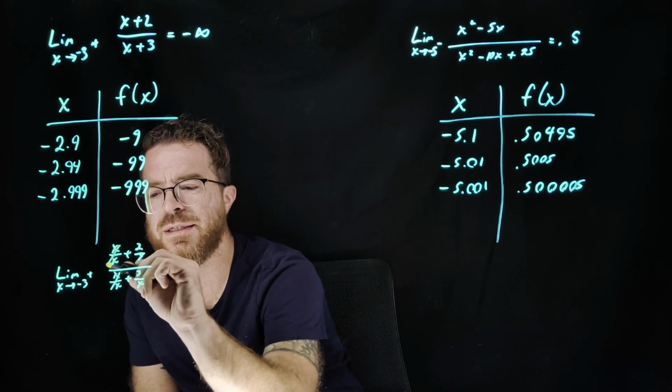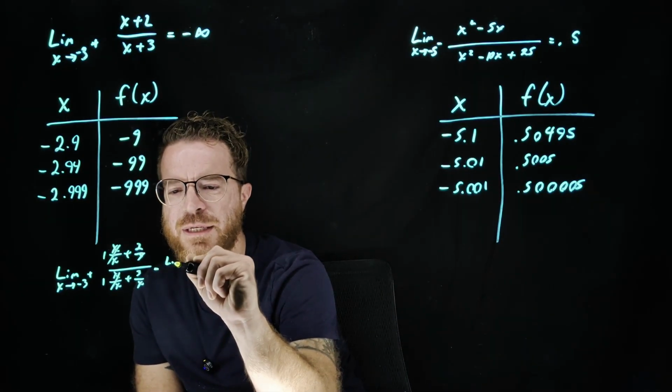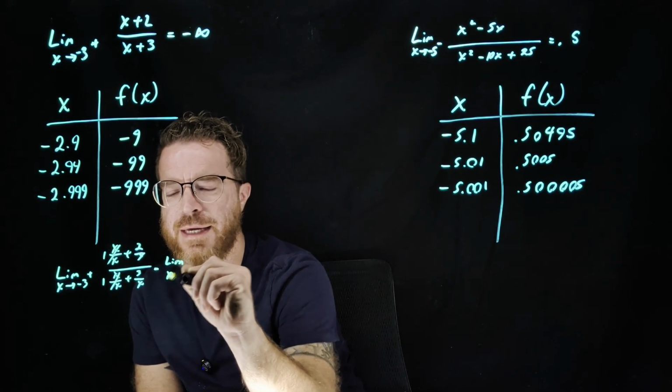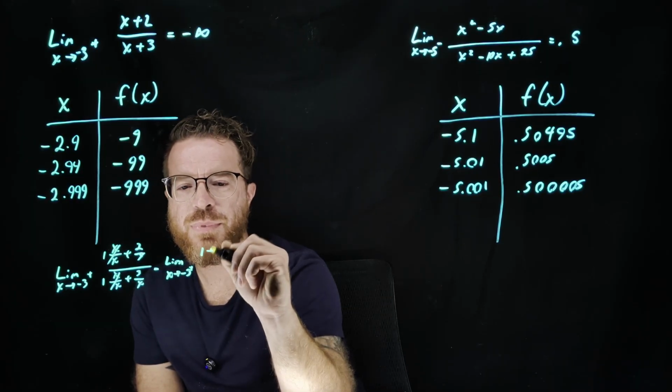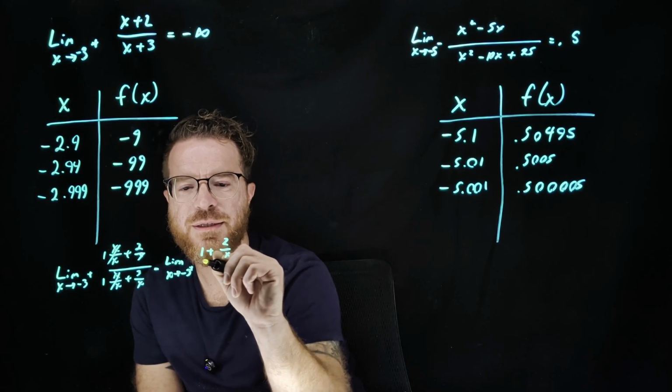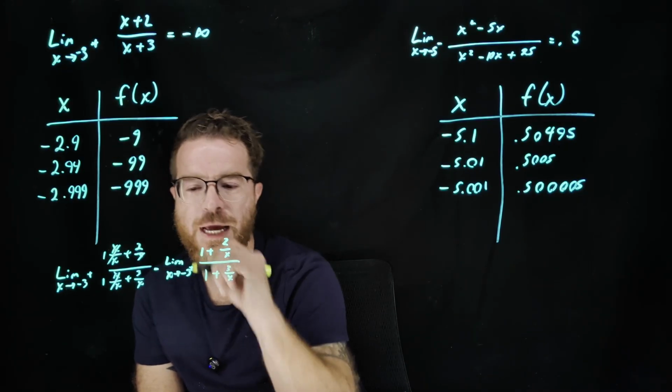So the x over x's are going to become 1. So what we have is the limit as x approaches -3 from the right, 1 plus 2 over x divided by 1 plus 3 over x.